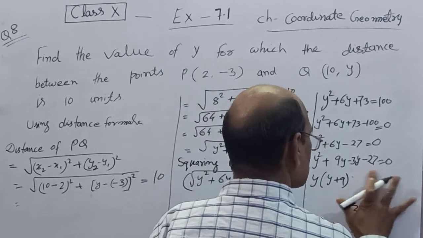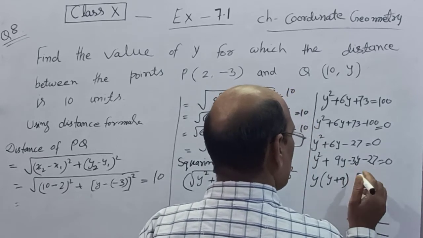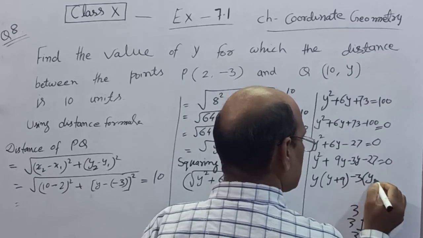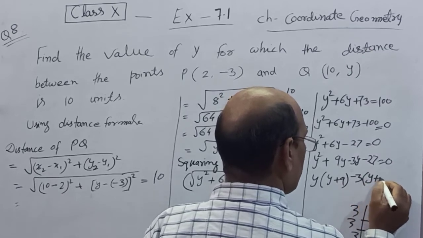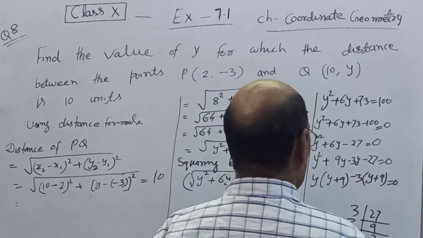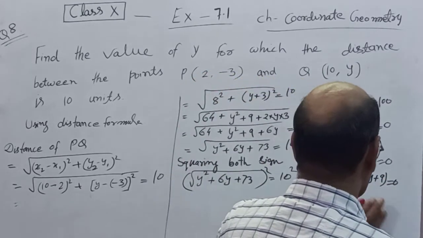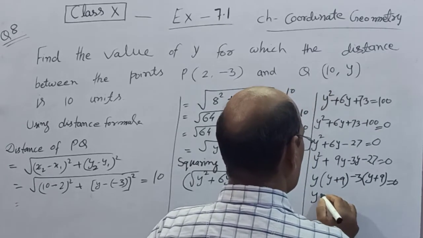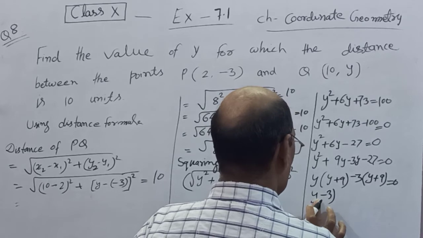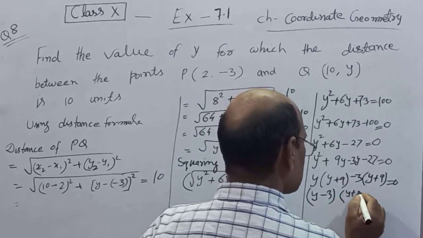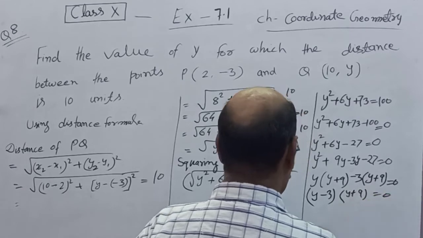Therefore, in this question, we take common y and minus 3, and the balance is y plus 9 is equal to 0. And then y minus 3 and y plus 9 are each 0.